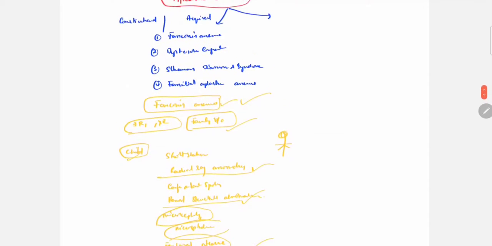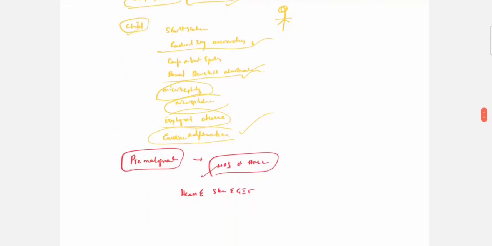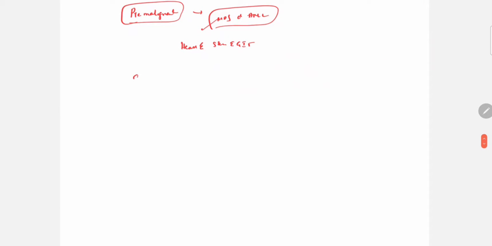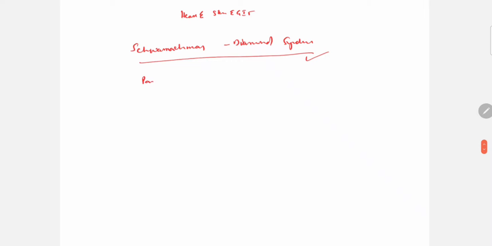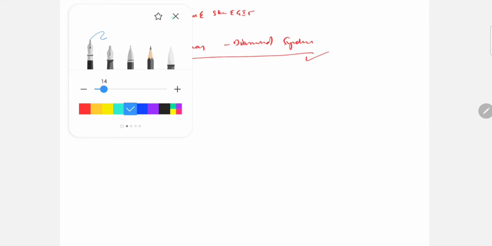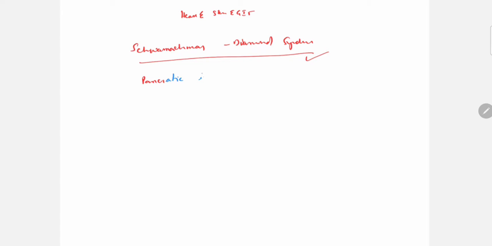Next, coming to Shwachman-Diamond syndrome. So what are the clinical features? There are only two features. Pancreatic insufficiency, that is exocrine insufficiency, with pancytopenia with short stature.